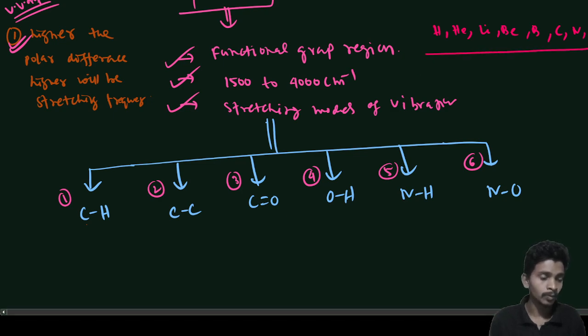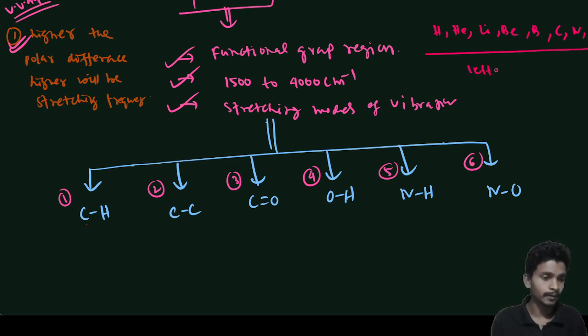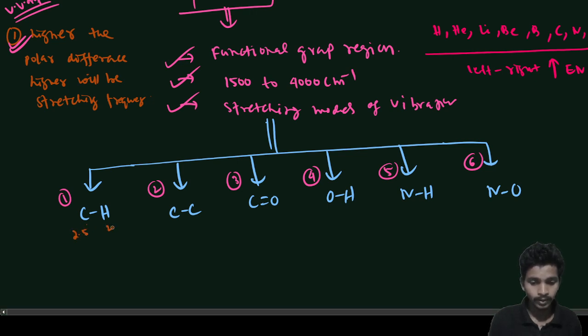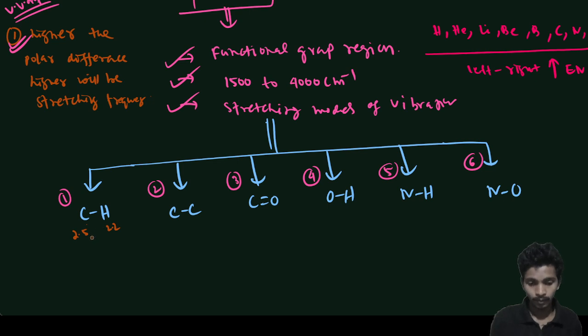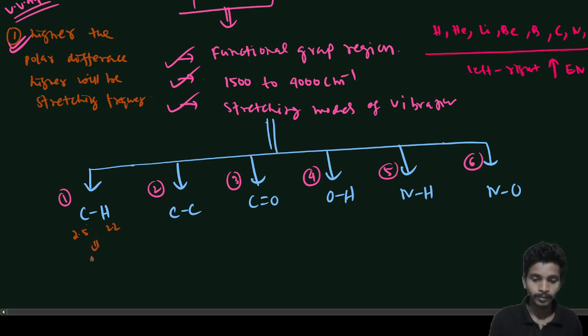Whenever you move from left to right, electronegativity increases. It means that from here to here, the polar difference will increase. So for CH, carbon is 2.5 and hydrogen is 2.2, so the polar difference is nearly 0.3.